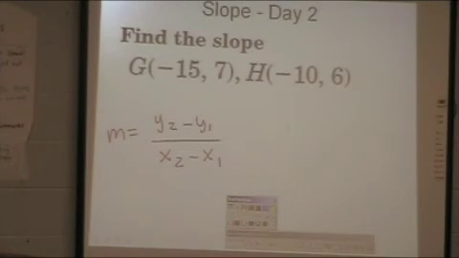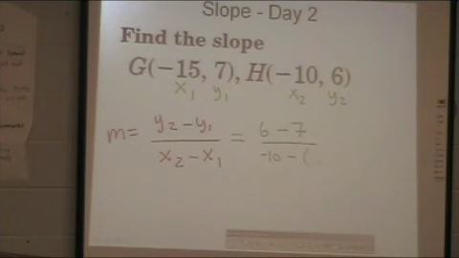Alright, here's a second example. Remember, here's our slope formula. This is x1 and this is y1. This is x2 and this is y2. The reason this is x1 is because it's the first x, and the reason this is x2 is because it's the second x. Now all you have to do is substitute them into this formula. y2 is 6 minus y1 is 7 over x2 is -10 minus -15, which is x1.